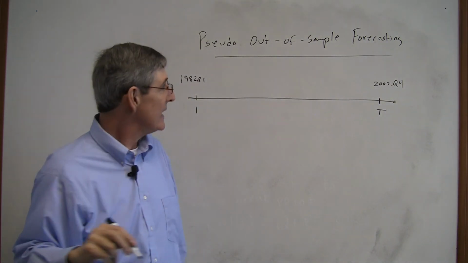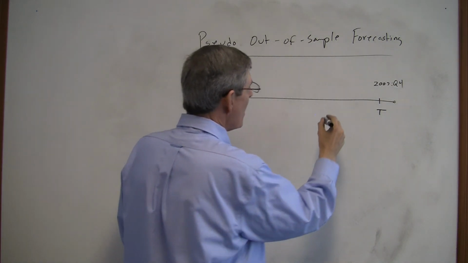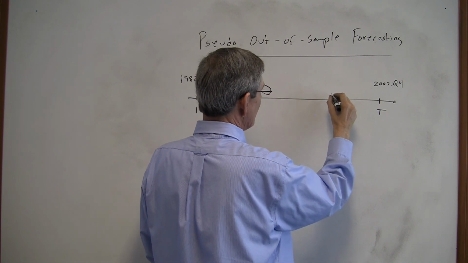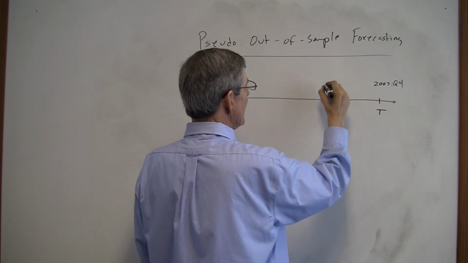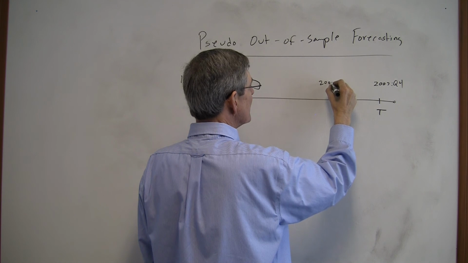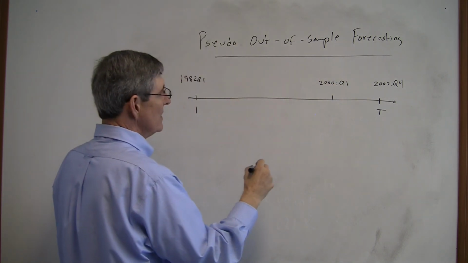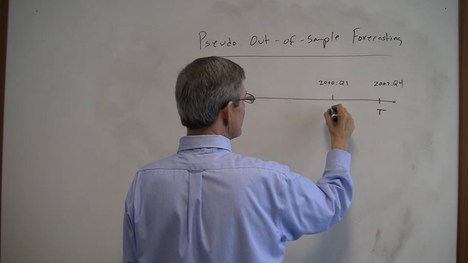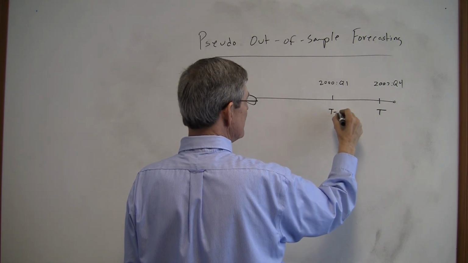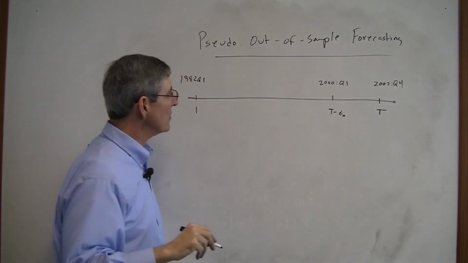What you can do here is artificially pick a breakpoint. So let's pick a breakpoint here at 2000 Q1. So this is T minus T0 of some value.